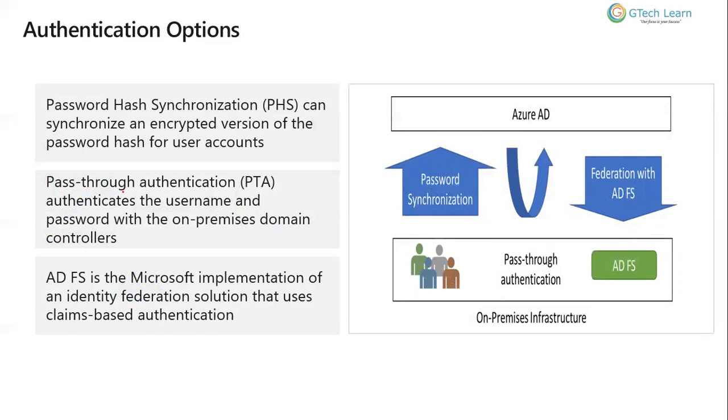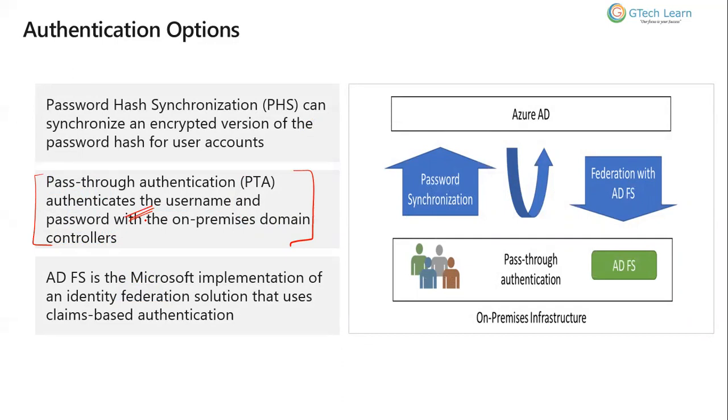The second authentication method is pass-through authentication. In that case, when a user logs in, the authentication request is moved to the on-premises server, and from there the request is authenticated by the on-premises domain controller.